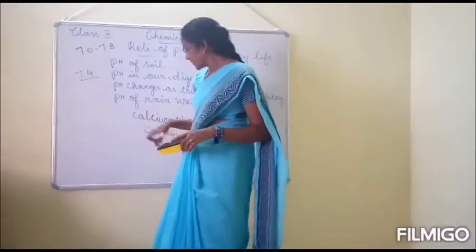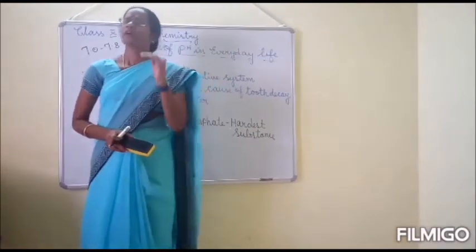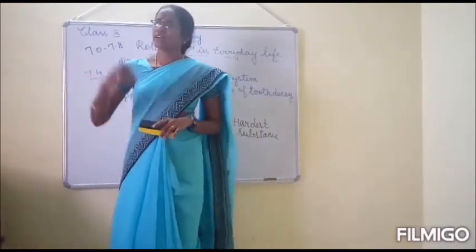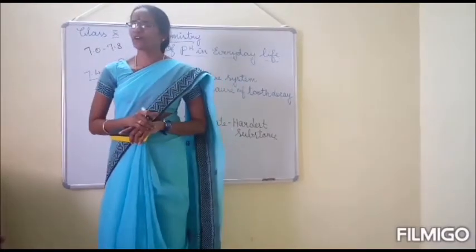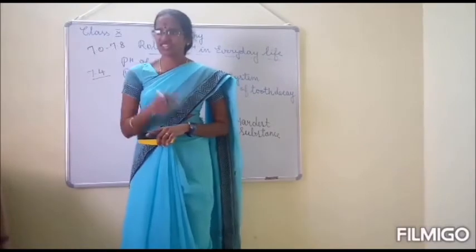Its formula is Ca3(PO4)2. It is present in the enamel. If the pH of saliva falls below 5.5, the enamel gets weathered. Weathered means the color changes.